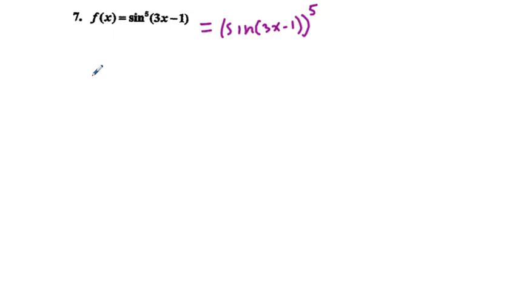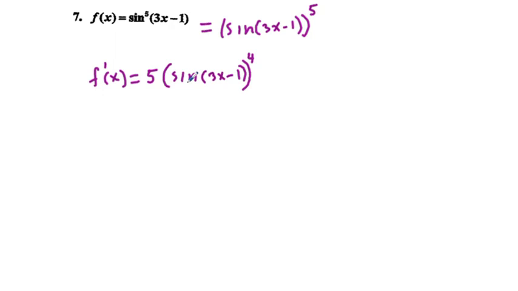So f prime of x, which is our first derivative, is equal to, we're going to take this 5 out front, and then we're going to have 5 times sine of quantity 3x minus 1, and then what do we do to this 5th power here? Well, we make it to the 4th power, times the derivative of the inside.